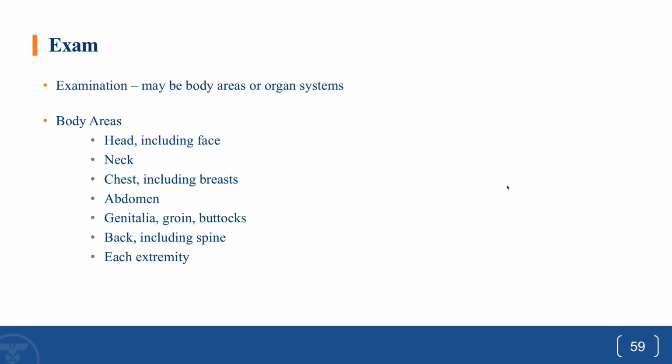Exam's really quick, right? So exam, where are we going to find our exam? I said turn to page 9. Turn to page 9 for your exam components. And you'll see with the exam that it's talking about body areas. It may be body areas or organ systems. They'll count, right? Body areas or organ systems.